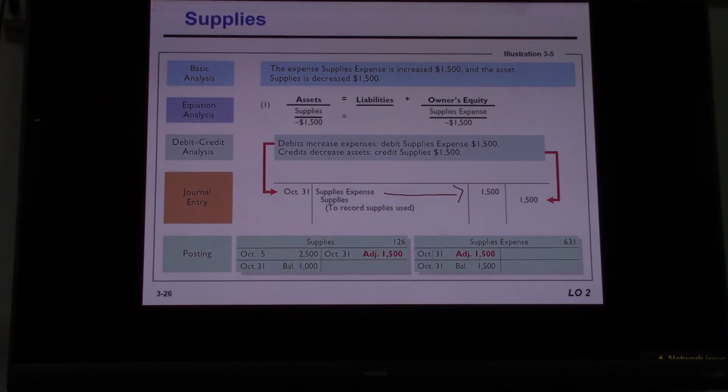We had $2,500 of supplies, but we used $1,500 of them, so our assets decreased by this value, and it will be recorded on the credit side. As you see in the T account for supplies, on October 5 we have $2,500 available. Then we used $1,500. So the balance on October 31st is $1,000 of supplies still on hand.